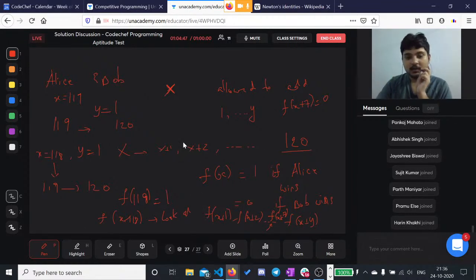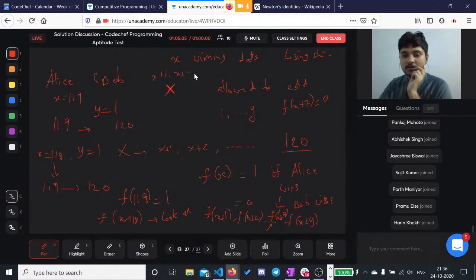Let's say a given state x is a winning state or a losing state: a winning state if Alice wins, and a losing state if Alice loses. So just look at the next possible states, which can be x plus 1, x plus 2, and so on till x plus y.